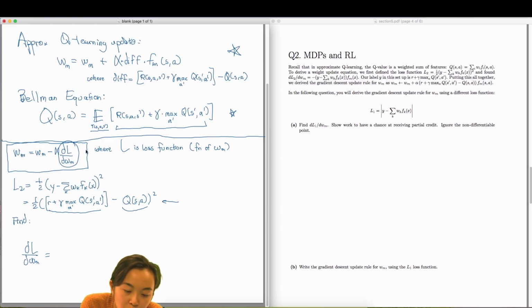To write out this entire weight update explicitly, we want to actually find the gradient of this L2 loss with respect to each of the scalar weights, the Wi's. So let's compute this. Let's look at this version of the equation and then compute the gradient. This requires the chain rule.